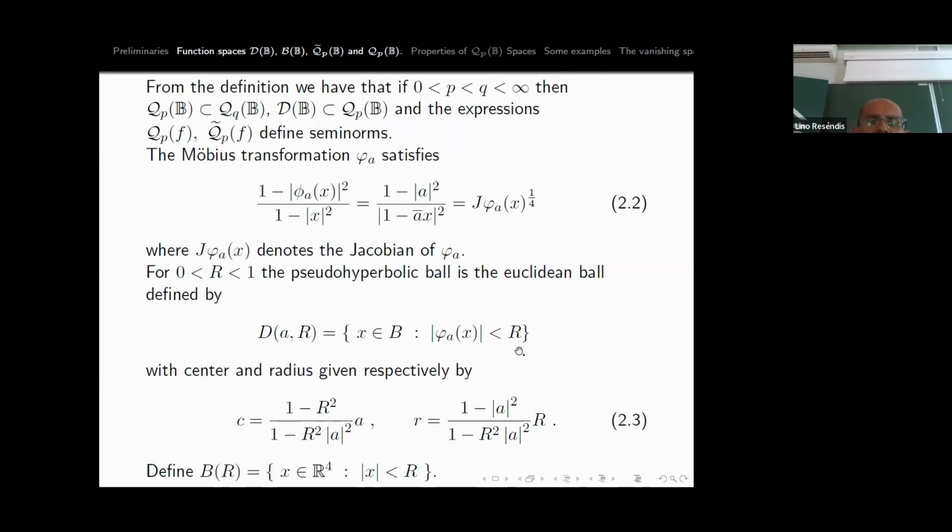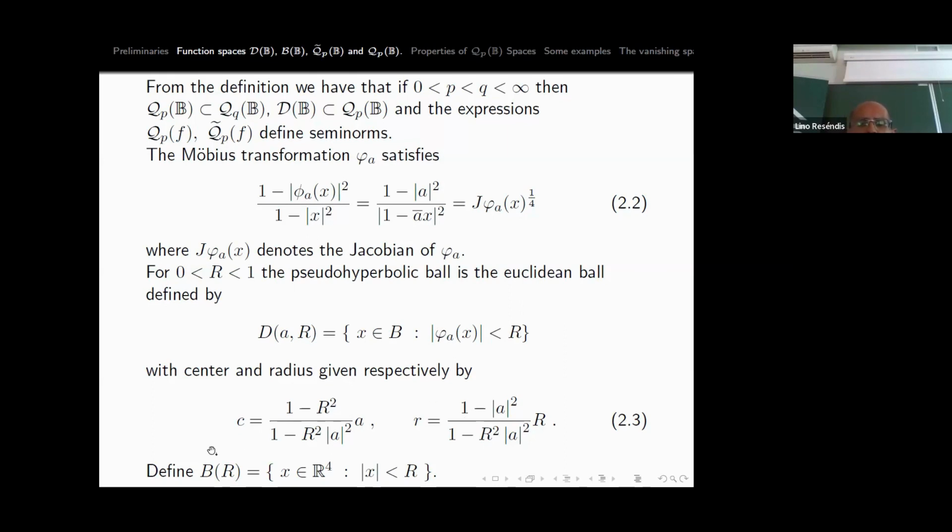In fact, this pseudo-hyperbolic ball is an Euclidean ball with center given here, and with this radius.